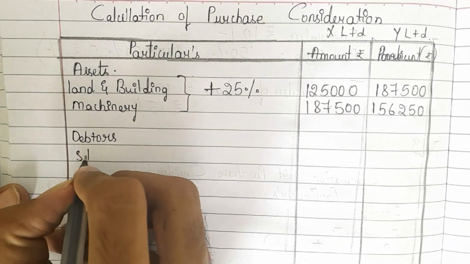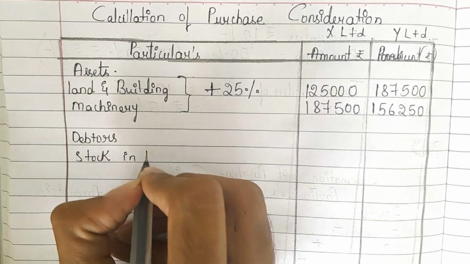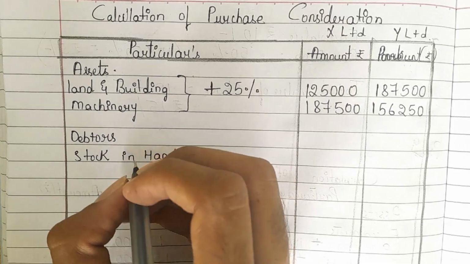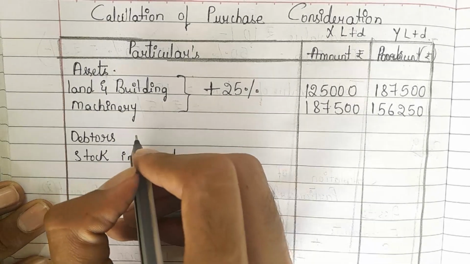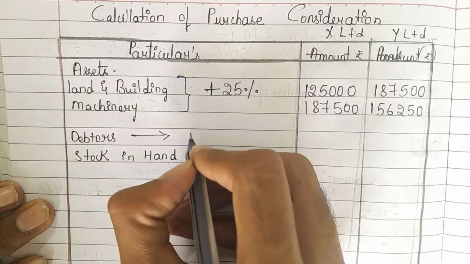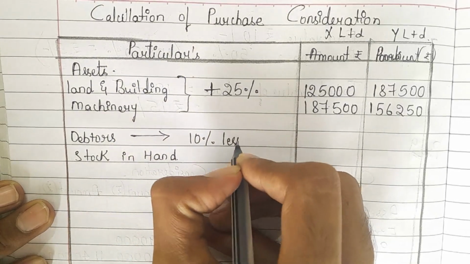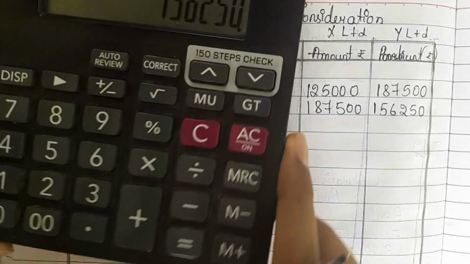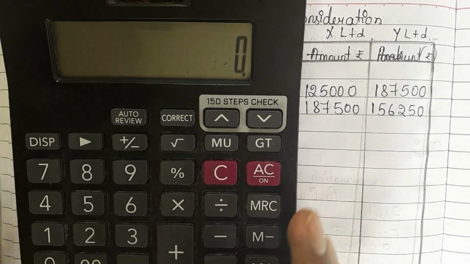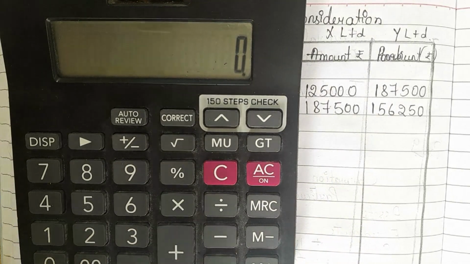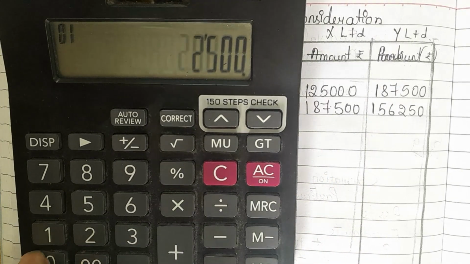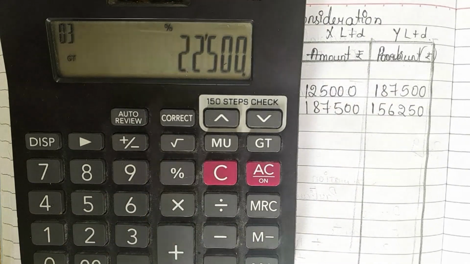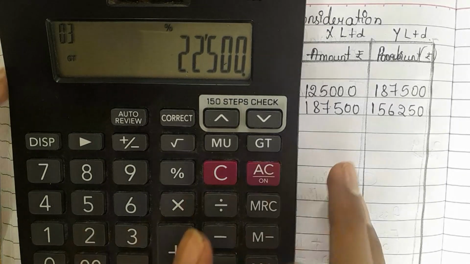Next, debtors. Next, stock in hand. So see the adjustments. Debtors 10% less. See the balance sheet. X Limited has debtors of value rupees 25,000. So 25,000 minus 10% is 22,500.